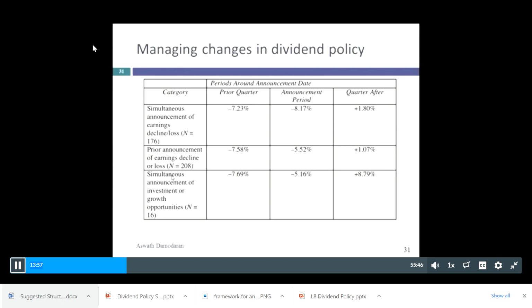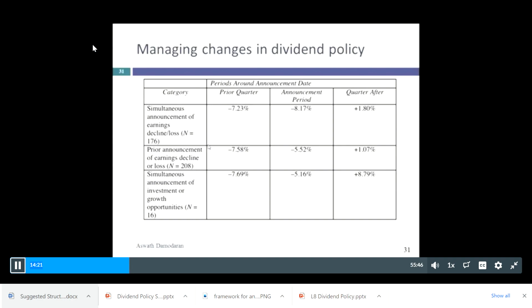Now, obviously, it's easy to say, oh, we've got great investment opportunities, or we're putting this money back into growth because we think we have good investment opportunities, right? It's easy to say, and investors will want to see some kind of tangible evidence of that maybe before they actually buy it. And so what happens?